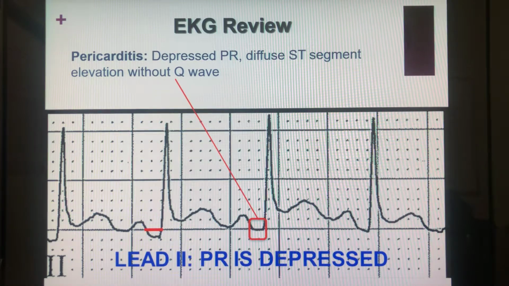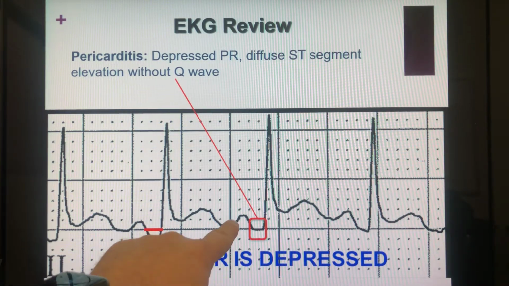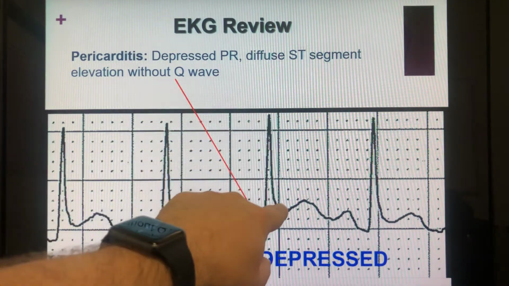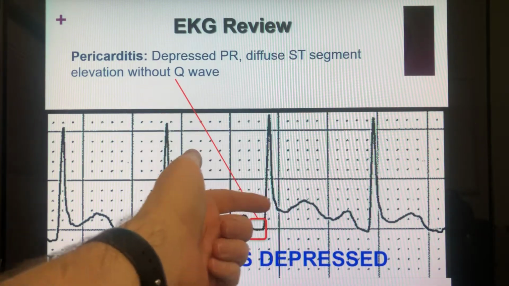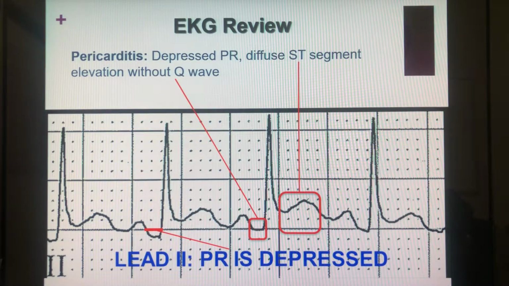Okay, then we're going to look at the rest of it. If you can see, P, no Q, R, see your S, T here is above the baseline. So right there, your ST segment is elevated, but it's not like the STEMI.